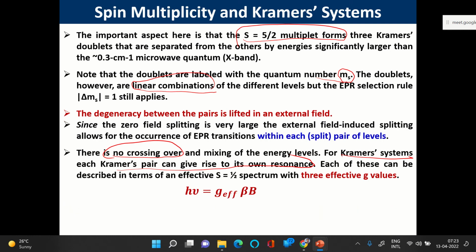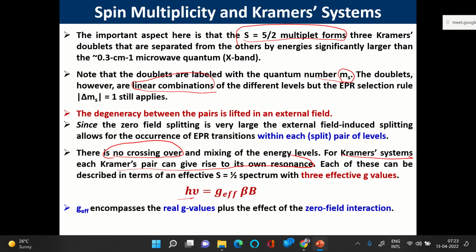And then we can expect that there will be one effective g value to define this transition. In this effective g value, beta is the Bohr magneton and B is the magnetic field required for the resonance to be achieved.